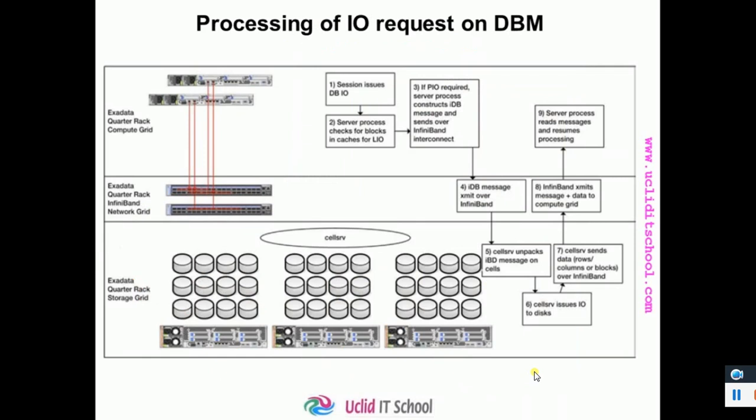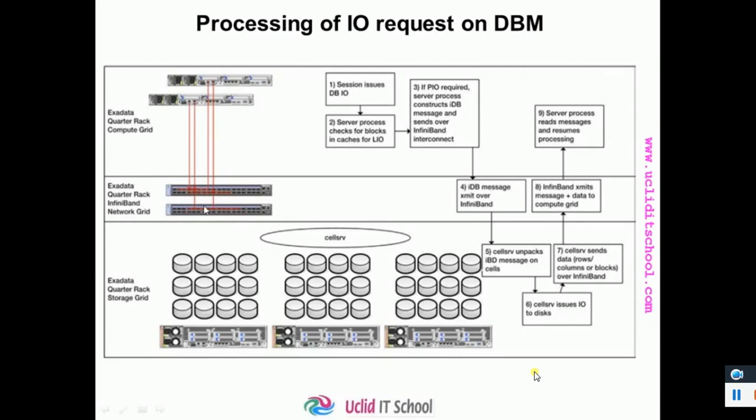Now, just to compare and contrast how an IO request is processed on the Exadata database machine, this slide shows you the process. This slide has three sections basically. This is your compute grid or database server grid.